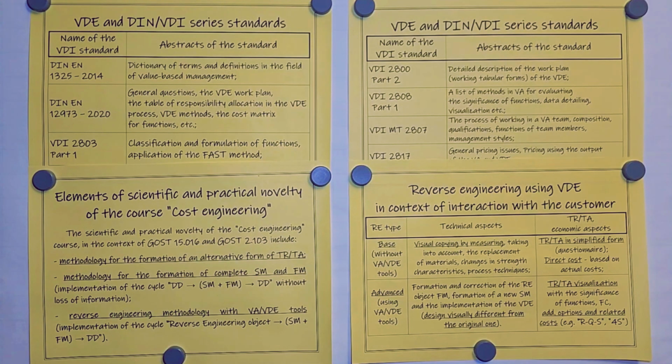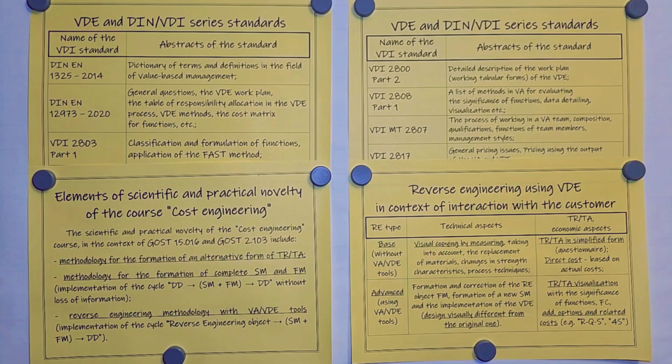In the table presented on the slide, two types of reverse engineering are considered: basic, without the use of value analysis and value design engineering, and advanced. The case of basic reverse engineering without the use of value analysis and value design engineering is typical for most companies offering services in the reverse engineering market.